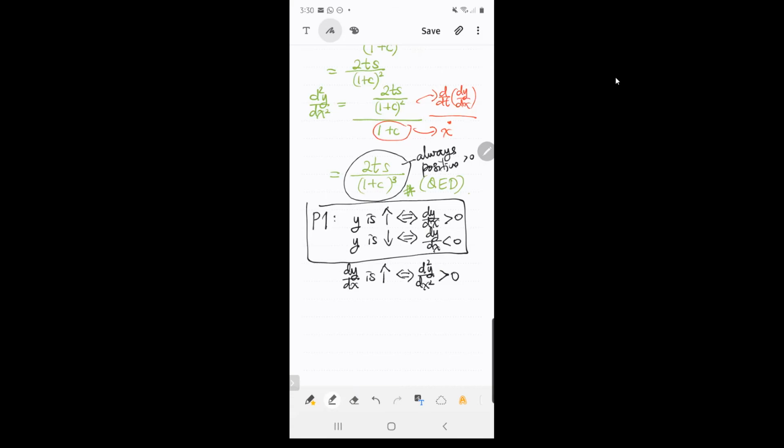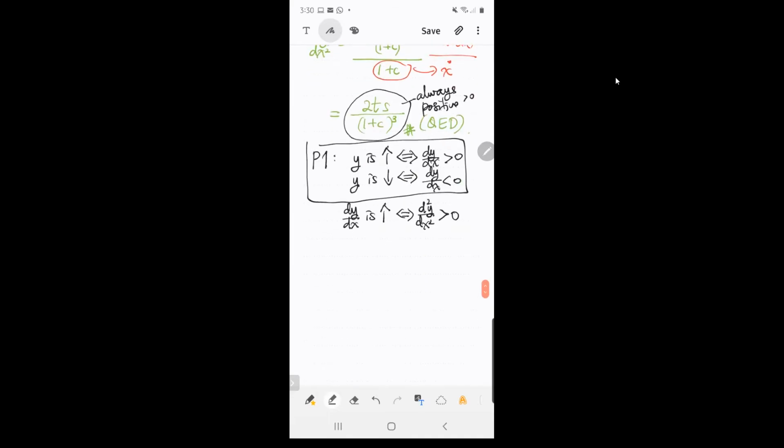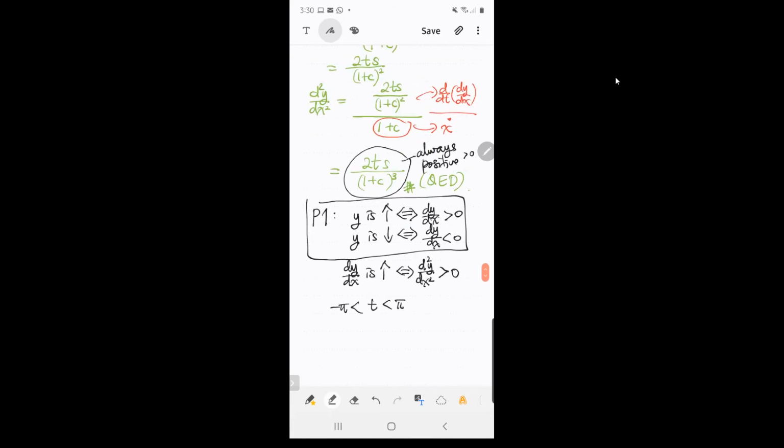So you must check. The domain given here is actually t in between negative pi and pi. If you look at the function there, you have t, you have sine t, you have cos t. And for this region, t in between negative pi and pi, they have different signs, especially for the trigonometric term, right?